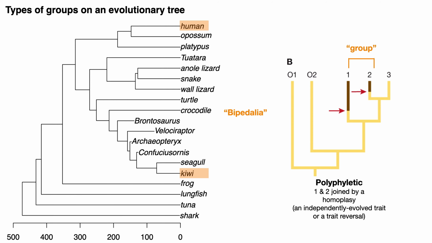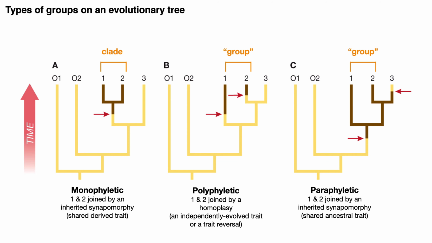So to summarize this, if we are looking for natural groups that we call clades, monophyletic groups are what we're trying to aim for, where we have taxa that are joined by an inherited synapomorphy. The other types of groups, polyphyletic and paraphyletic groups, are not natural groups, so systematists tend to avoid using them whenever possible, certainly in writing.